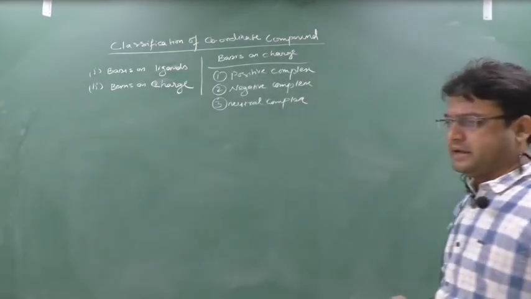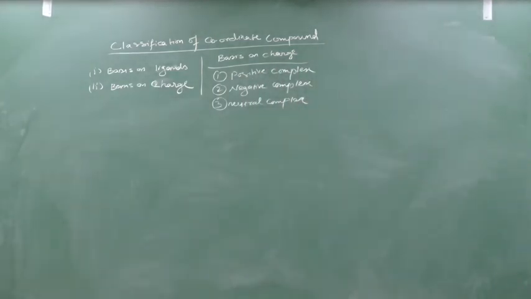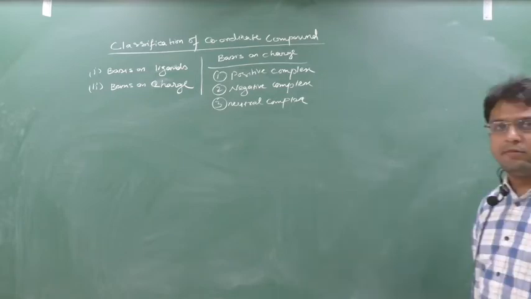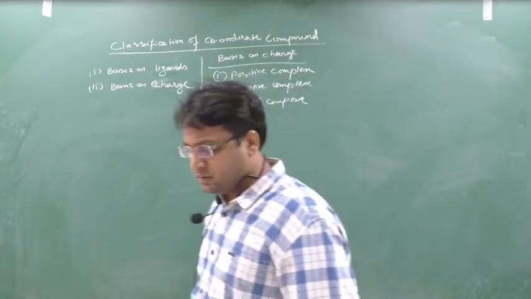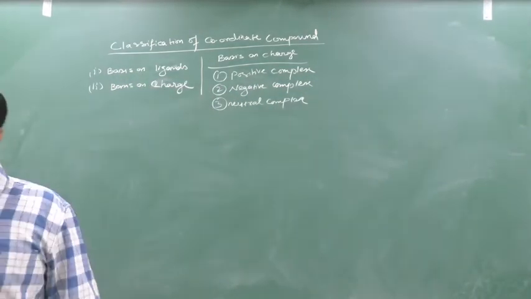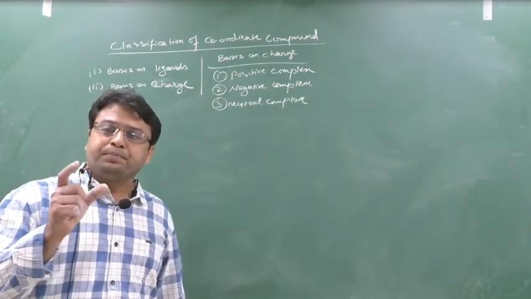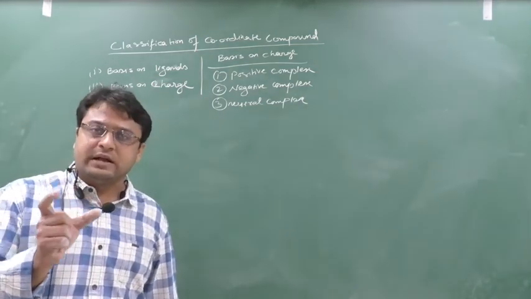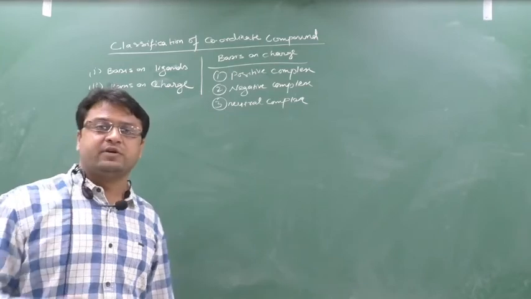As the name indicates, a positive complex means if there is a complex compound, on ionizing, if the positive part is a complex, then such a complex is known as a positively charged complex.